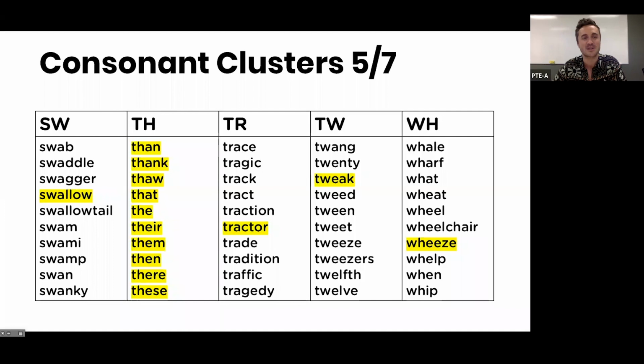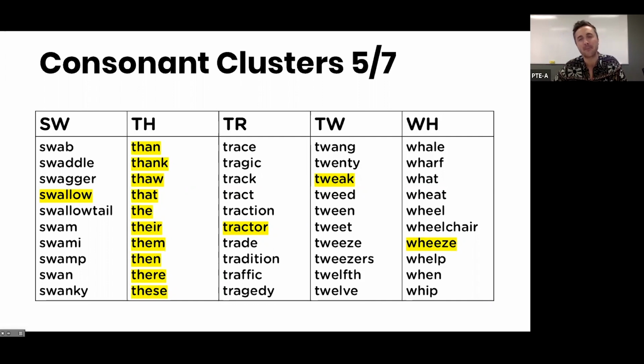So we've got sw, as in swallow. Then we've got a particularly challenging one, and this is challenging for a number of different languages that do not have a th sound. A th sound is made with your tongue hitting your front teeth here. Th.